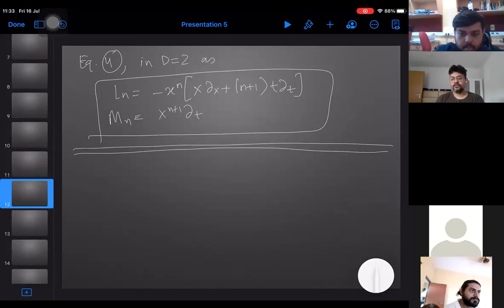Now, the next step would be to move to the d equal to 3 case. These are special cases actually. Going slowly.